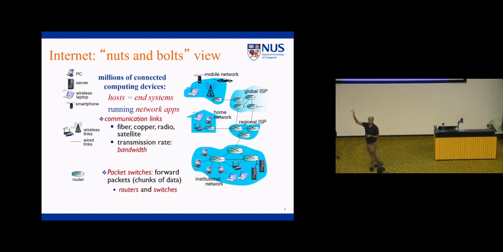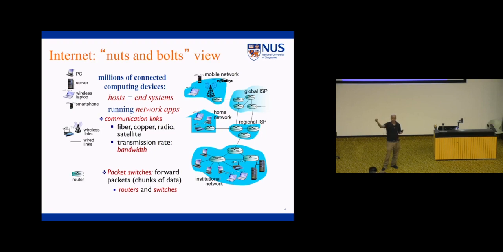That Wi-Fi access point has a cable running, and that cable probably goes, let's say, to the NUS computer center. And then from the NUS computer center, we are actually Singtel customers, so it goes to Singtel somewhere. But ultimately, the message that I have sent has to find its way all the way to California. And even in California, maybe my friend lives in, I don't know, Palo Alto, let's say.